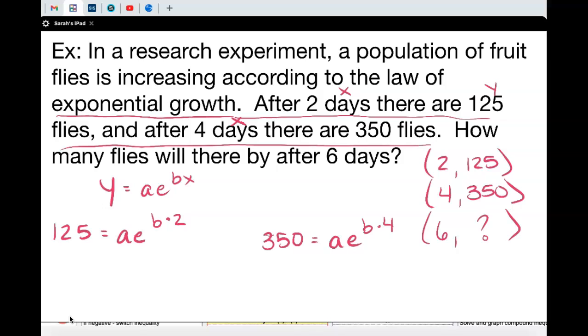Any preferences? Substitution method. Okay, does anybody know how to use the substitution method? We've heard of the substitution method, correct?